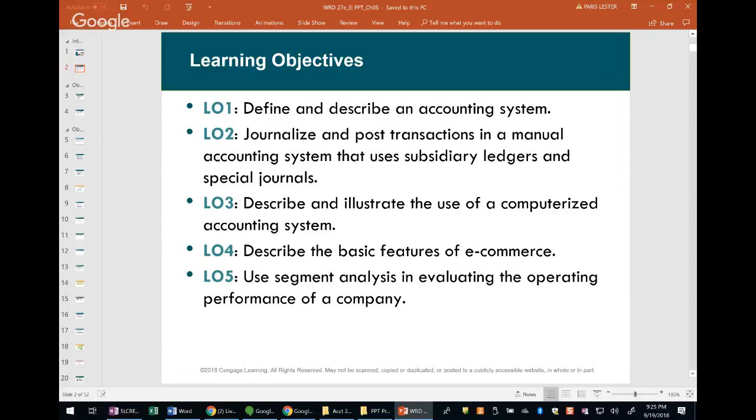And nowadays, computers are so inexpensive compared to what they used to be. Even a small business with 2 employees could use QuickBooks Pro, and it does payroll and everything, okay? But anyway, journalize and post transactions in the manual accounting system that uses a subsidiary ledger. All right, we need to know what a subsidiary ledger is in this chapter. Describe the basic features of e-commerce.